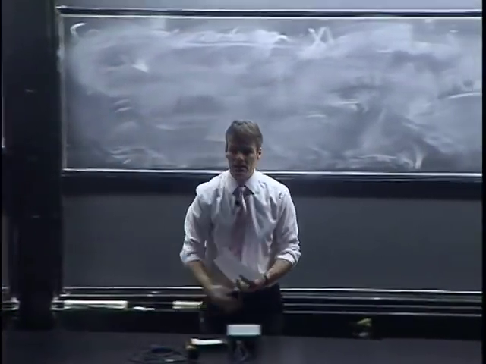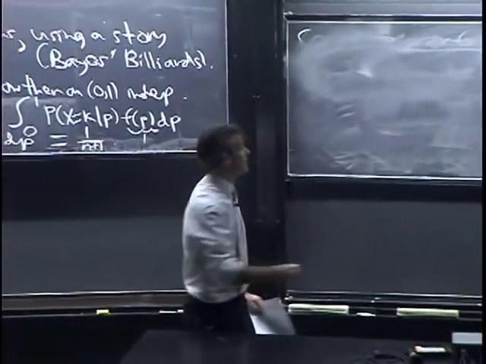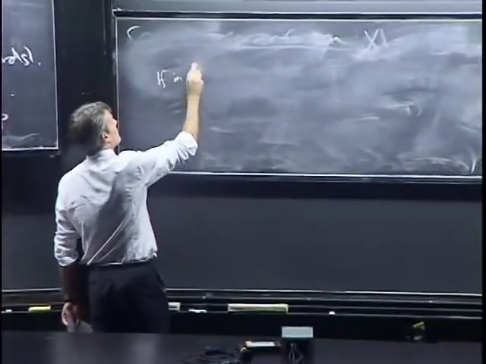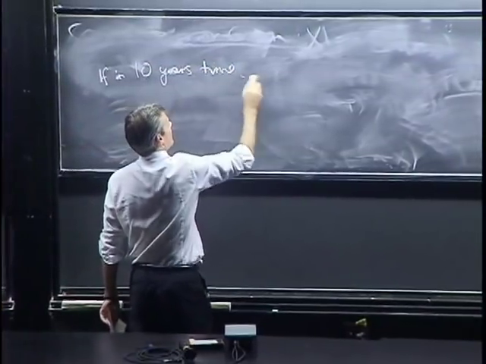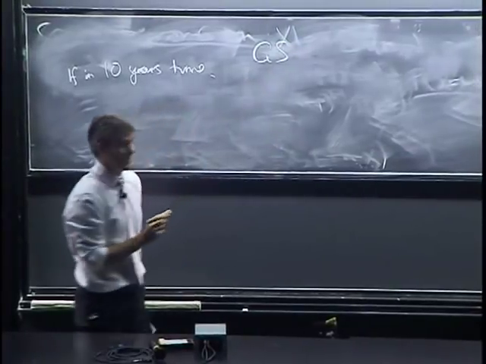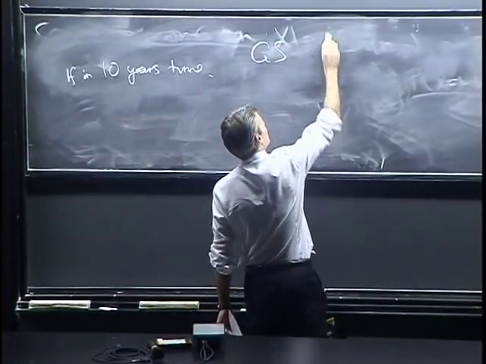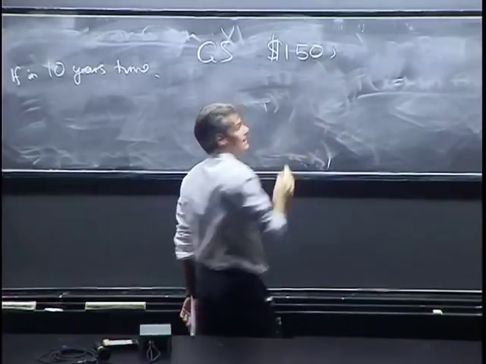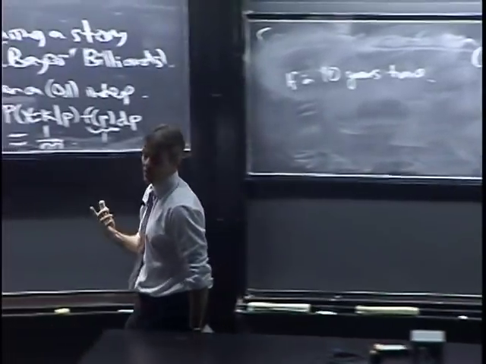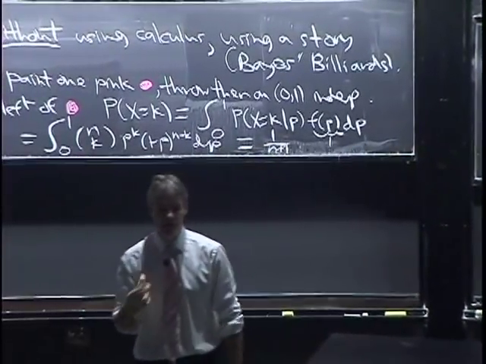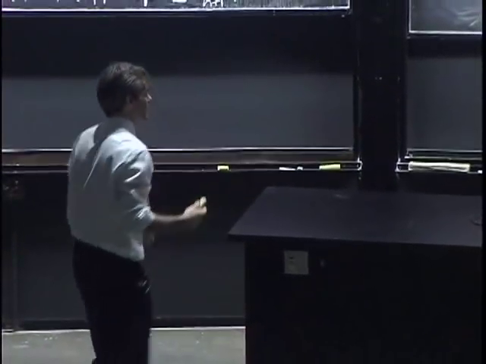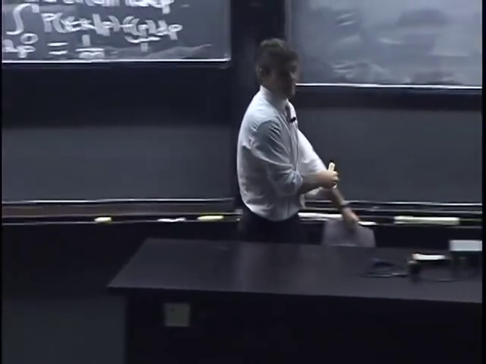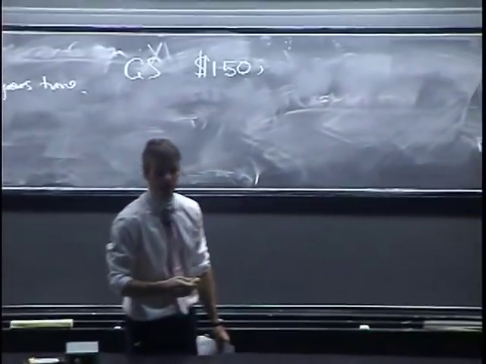Well, let's just think about what the government has in 10 years' time. If Goldman Sachs shares in 10 years' time are at 150, what's the value of one of these warrants, one of these options, to the US? $25, right? Because I can buy something that's worth 150 by paying 125 for it.